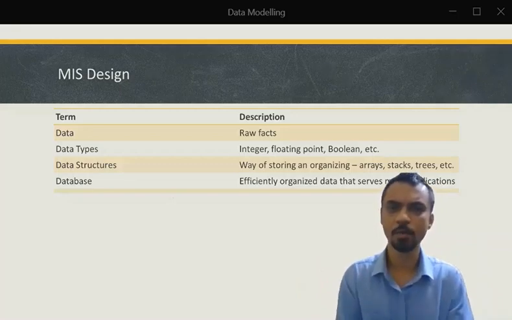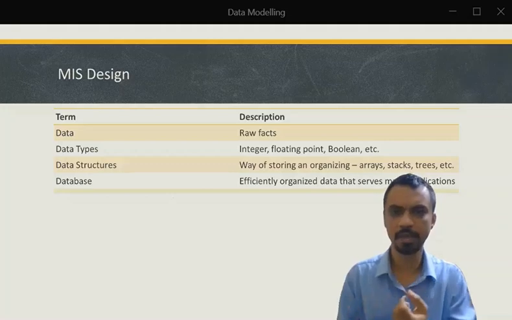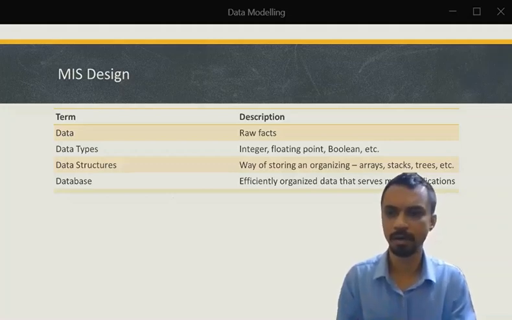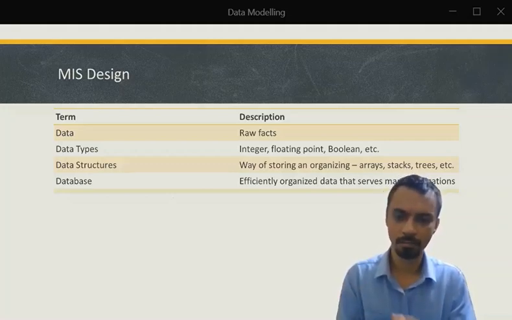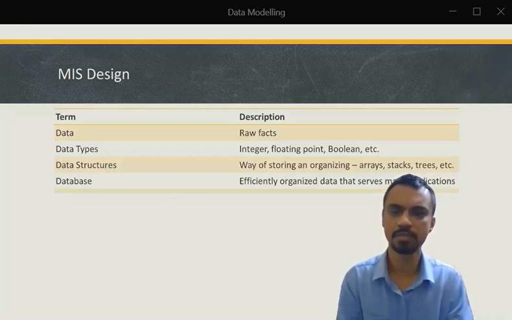Say one could be just storing data, another one could be creating reports, another one could be doing some manipulation. So all these are different applications which use a common database.